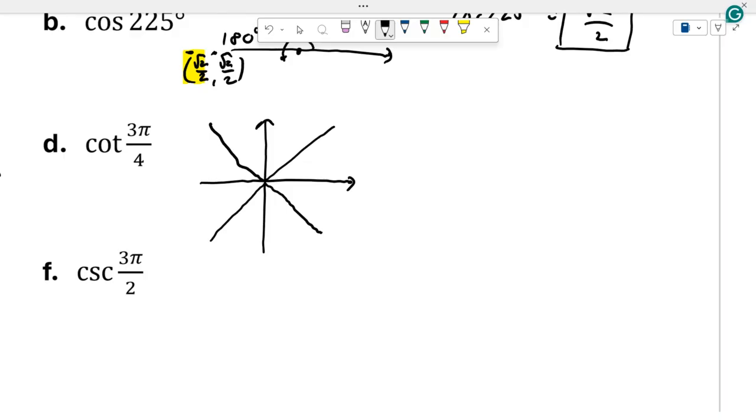And then 2 pi over 4 simplifies to 1/2, and 4 pi over 4 simplifies to 1, so I'm talking about the ones that don't simplify. So the 3 pi over 4 is in quadrant 2. That's right here.